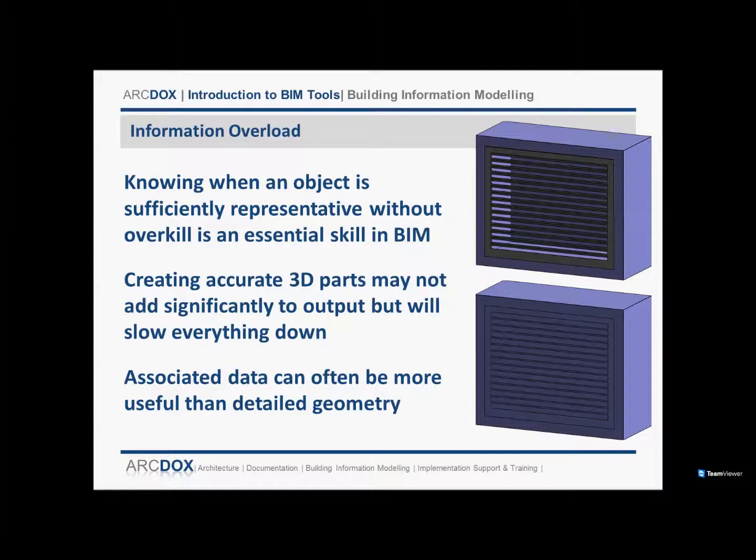Information overload. When an object is sufficiently represented without overkill is something that you need to work on. For an example here, this grill here and this grill down here. This one here is more true to the original, but is there any need for these openings?